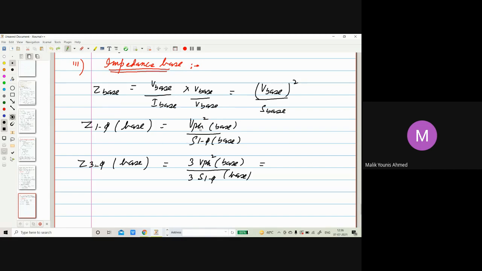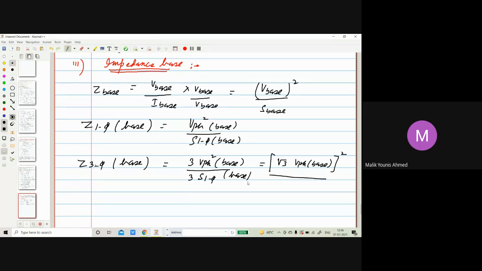We can also write this as under root 3 V phase base whole square, so the 3 and 3 are the same.